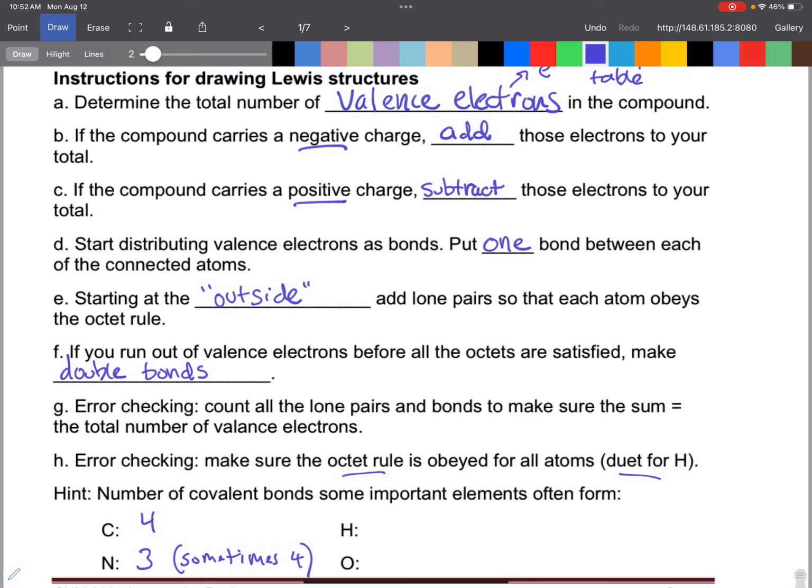And for our purposes, carbon's always going to be 4, nitrogen's going to be 3 or 4. Hydrogen is almost always going to make 1 bond. We could argue sometimes 0, but we'll talk about that later on in the course. And then oxygen typically will make 2 bonds, but as we'll see soon, sometimes just 1 bond. So keep those in mind as we're going through these.